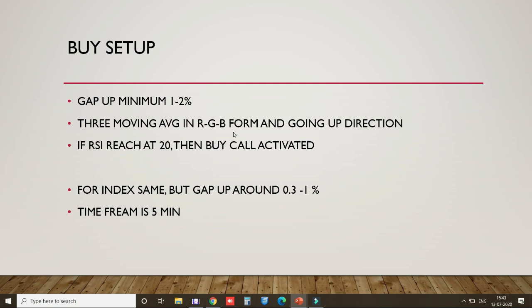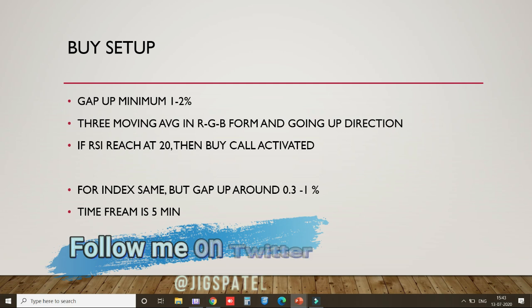That means the stock is going in an upper direction. When I say upward in RGB form, they are individually going upward without cutting each other, without switching direction from R to G or G to B.